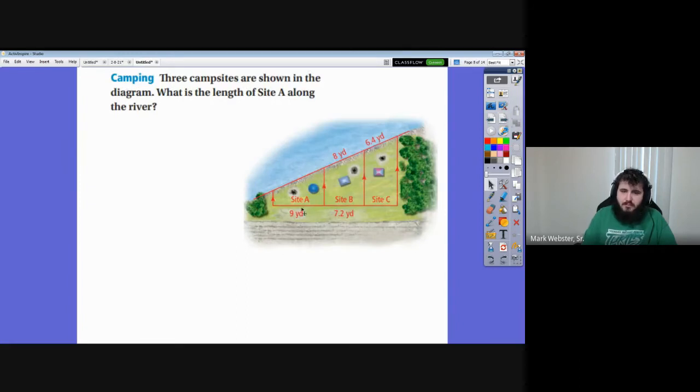So let's look. We want to know what the length of site A along the river is, the length along the river here. So we're looking for this value, right? So once again, I'm going to do x over 9 equals 8 over 7.2.